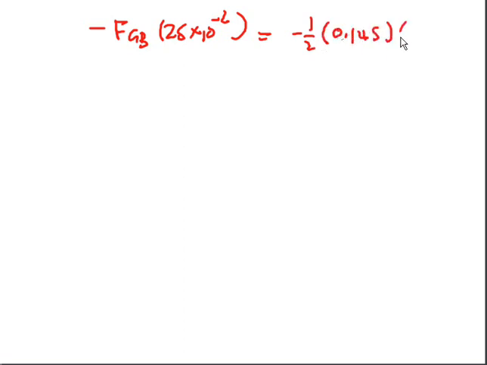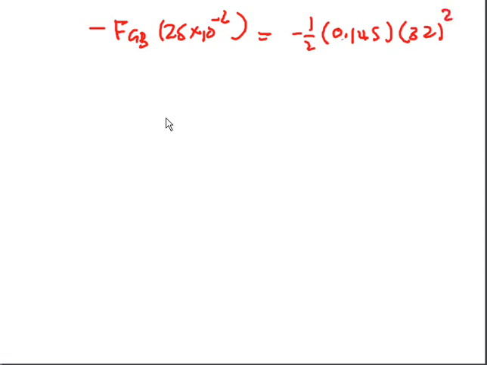So we have two expressions for W net, which we just equate. So we have minus FGB times 25 times 10 to the power minus 2 is simply equal to minus a half times 0.145 multiplied by 32 squared.